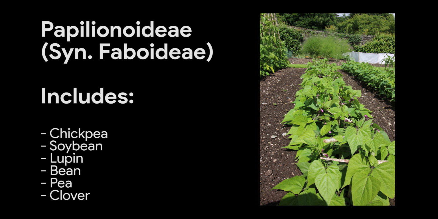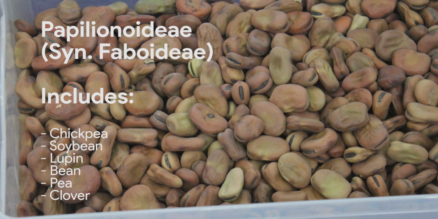The subfamily Papilionoideae is where you find most of the plants we think of as legumes. This group is sometimes given the subfamily name Faboideae. It includes many important crop plants as well as garden plants. Important agricultural plants in this subfamily include chickpeas, soybeans, lupins, alfalfa, beans, peas and clovers.